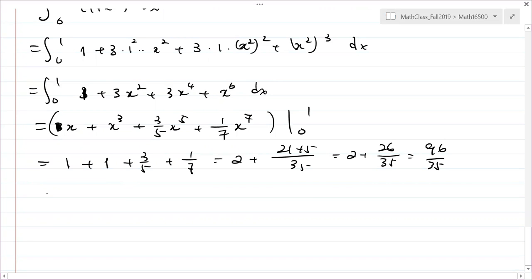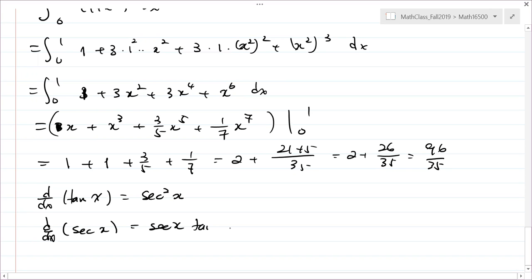We also know that the derivative of tangent x is secant squared x, right? And the derivative of secant x is secant x times tangent x.